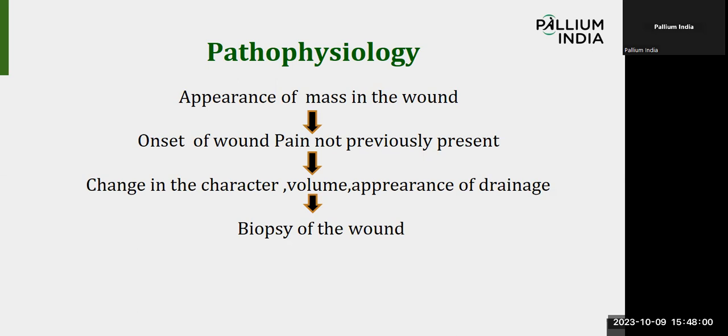At present the patient has pain, but previously he was not having pain. So this is the first sign which indicates that the patient is going into Marjolin's ulcer. There is also a change in the character, volume, and appearance of the drainage. Whatever drainage or exudate is coming from the wound has changed. And also whenever we do a wound biopsy, the malignancy will be there, right?